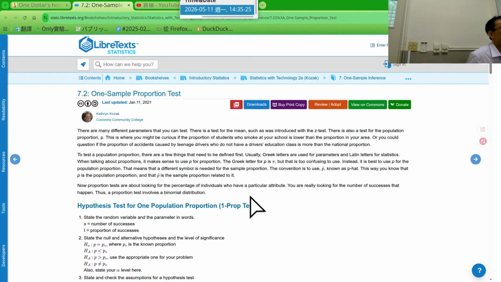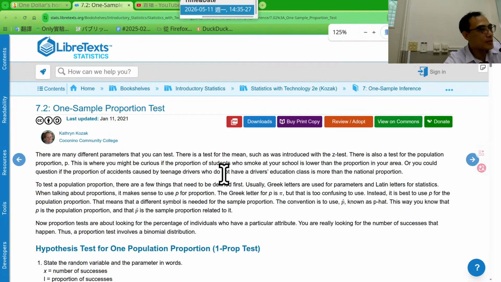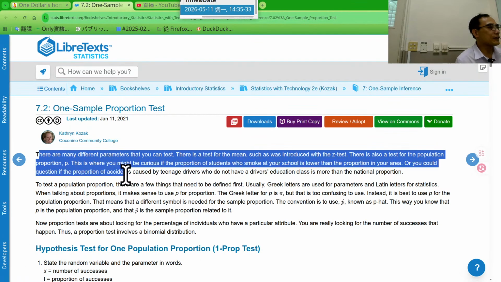Okay, and now let's move to chapter 7.2, the one sample proportion test. There are many different parameters that you can test.